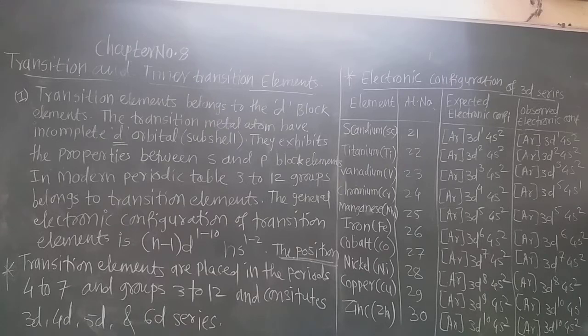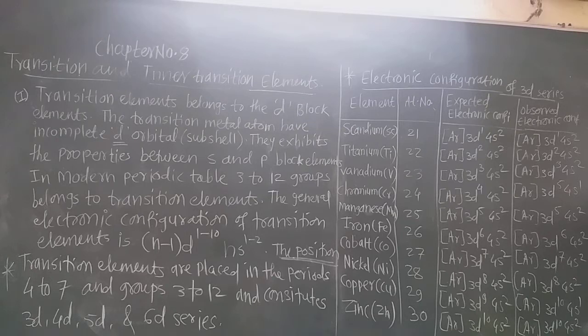That means only 1 to 9 electrons are there, because the D subshell has 5 orbitals, so totally 10 electrons can be filled into the D subshell. Okay. Then the last elements in the 3D series, 4D series, 5D series and 6D series are also D block elements, but they are not transition elements.